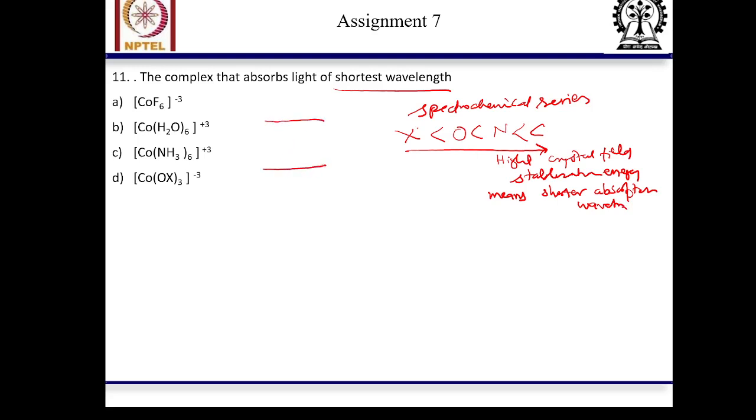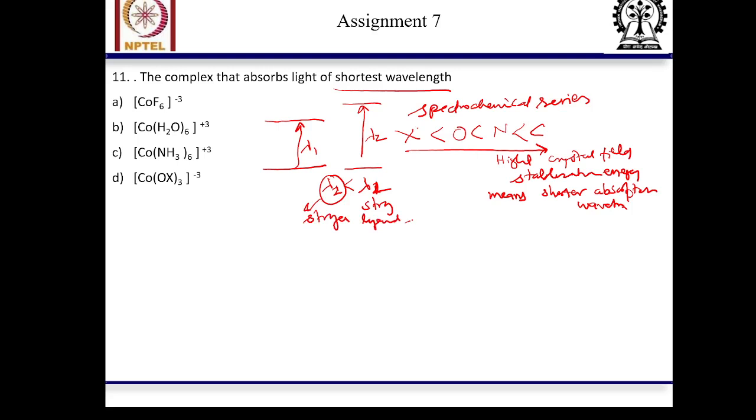More the gap between the two, suppose this will have lambda 1, this is lambda 2, so lambda 2 will be less than lambda 1, because it will be the shorter wavelength. In other words, lambda 2 will be the stronger ligand, like a strong field ligand.